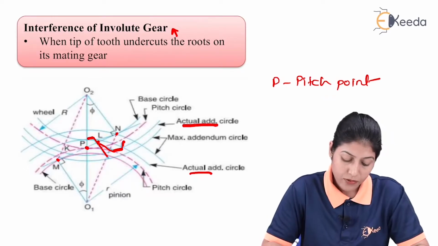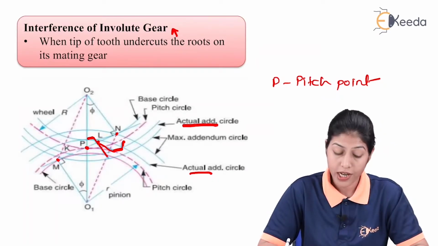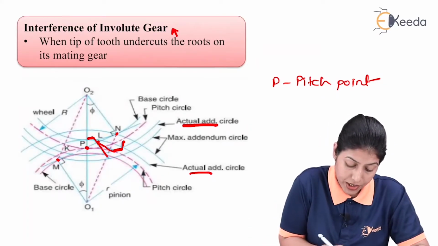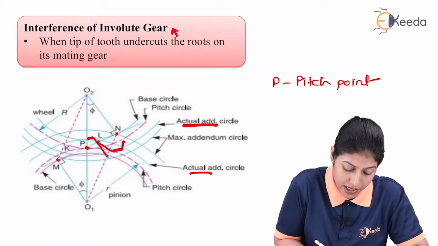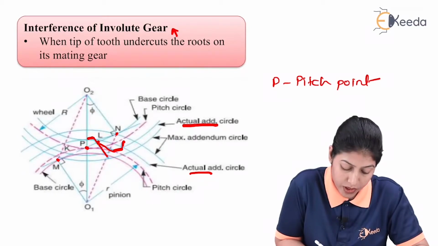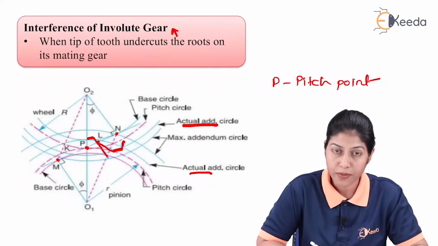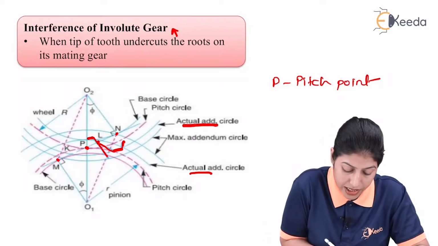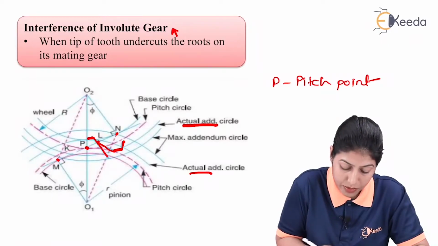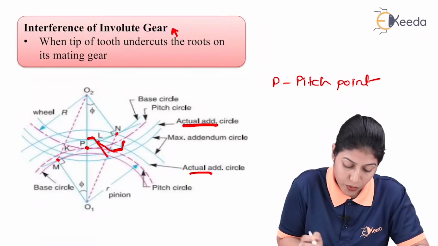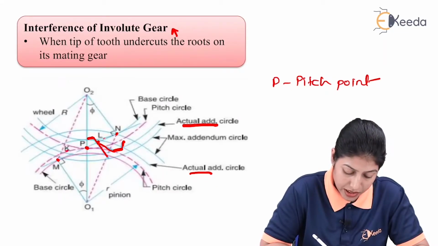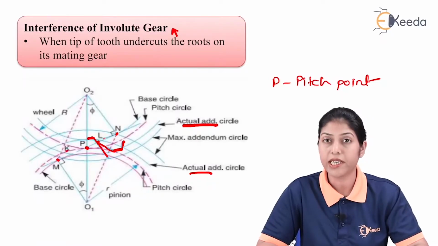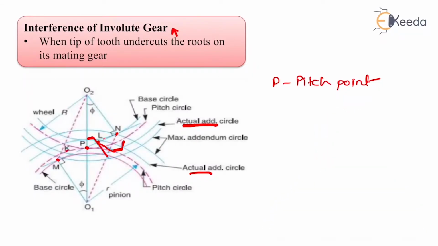We can define the length of path of contact from the intersection points between the addendum circles and the tangent over the base circle. MN is the tangent over the base circle, and this tangent intersects the addendum circles of the pinion and the wheel at two points, K and L. This KL distance represents the length of path of contact.